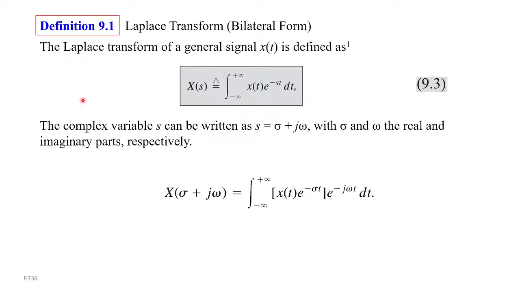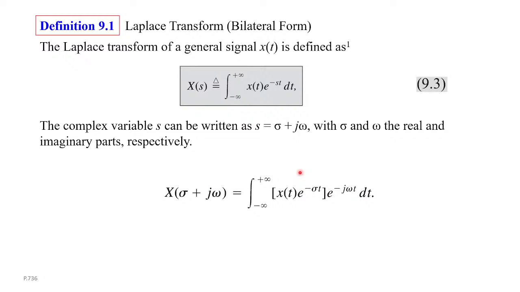And it has this nice relation to Fourier transform. So you can write s in terms of the real part and imaginary part. And you see that Laplace transform is kind of like Fourier transform, but you multiply your signal with an extra exponential decay or growing term, so an extra e to the minus sigma t term.